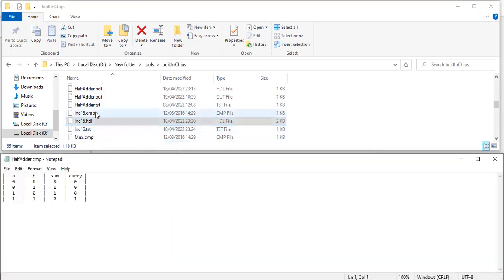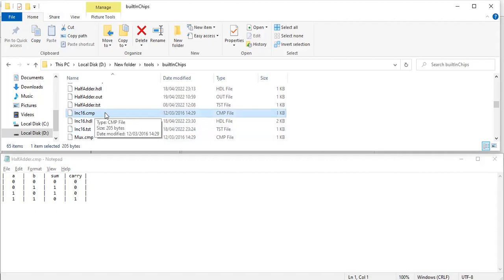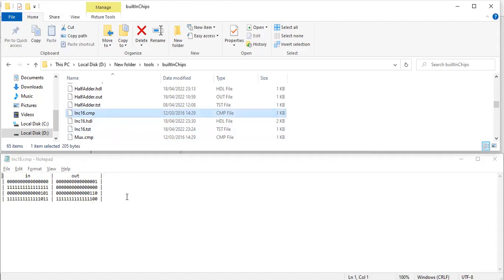If we'll try to look at the compare file of the incrementer, yan iyahang itsura. No? Notice, if yung input is all zeros, yung output is all these zeros will be added by just a 1. So what if all ones yung input?